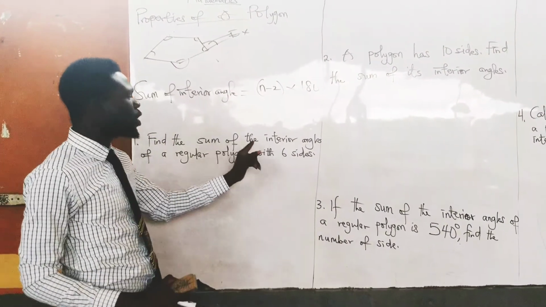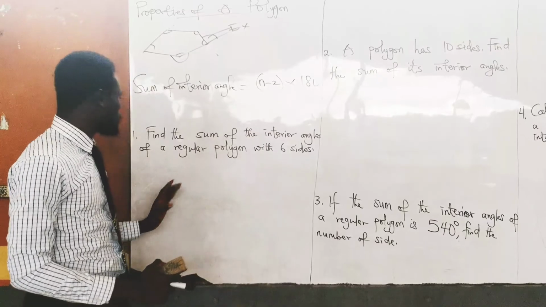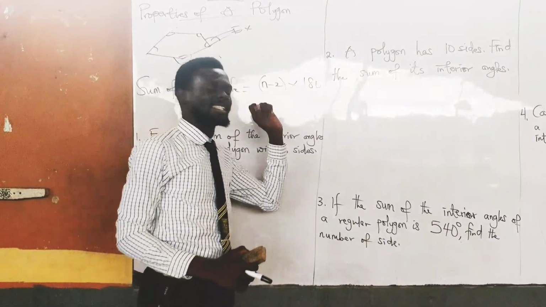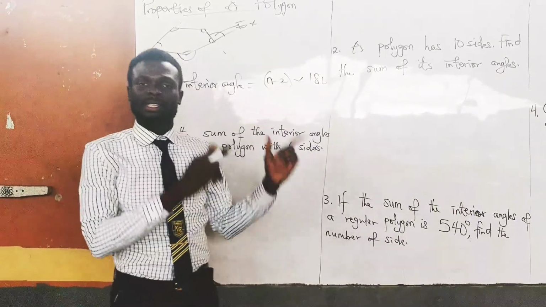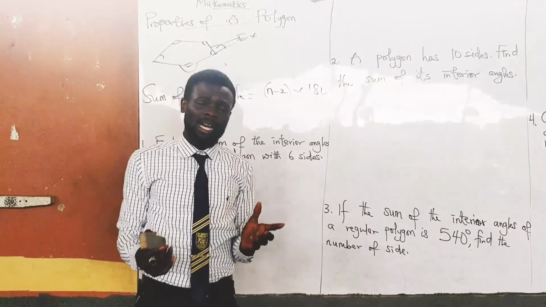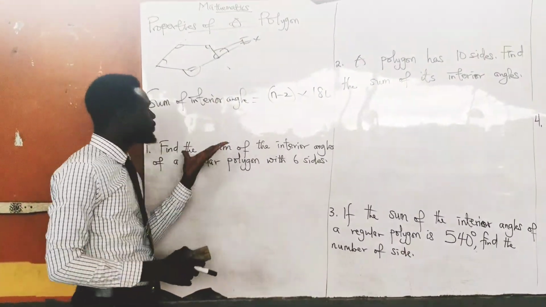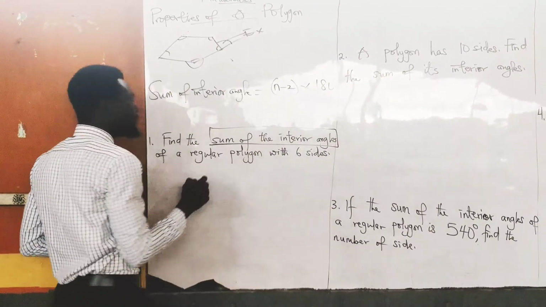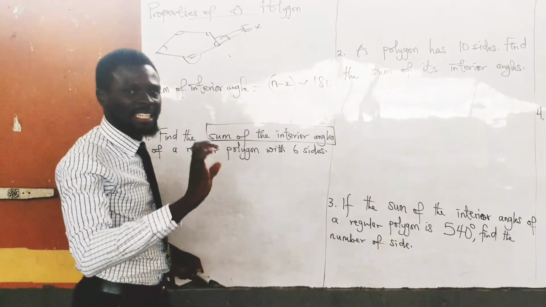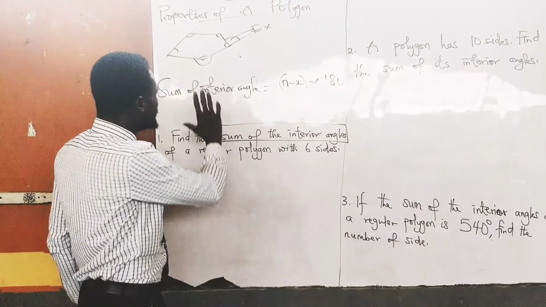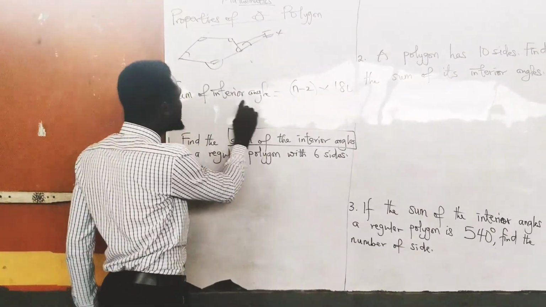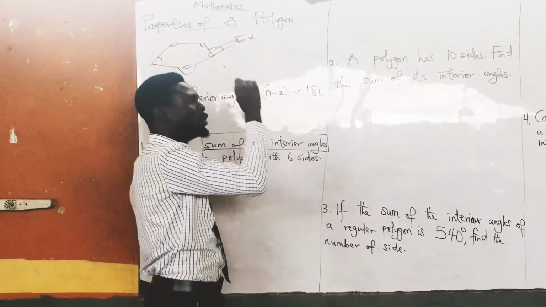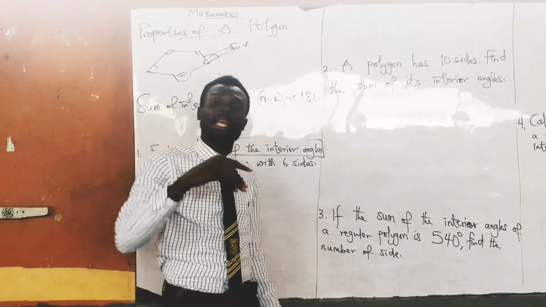Find the sum of the interior angles of a regular polygon with 6 sides. What are we calculating? The question said find the sum of the interior angles. We've been told that the sum of interior angles is given as (n minus 2) times 180.